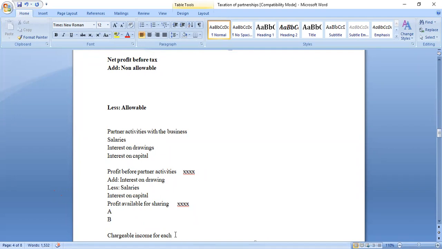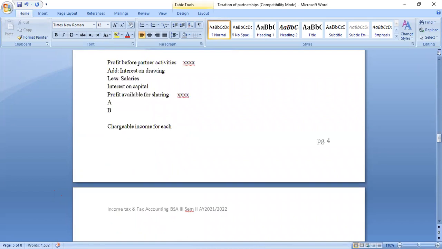So then you have a chargeable income for each. Now, under each, ideally, what you have is each partner's sources of income. We look at the profit that they got. You look at the salary that each got.